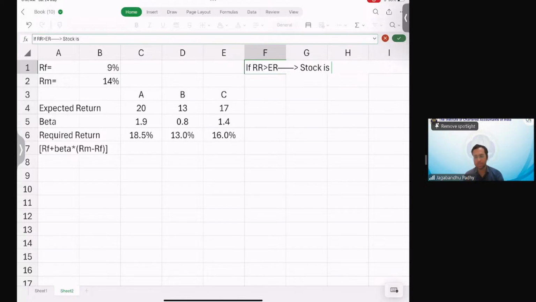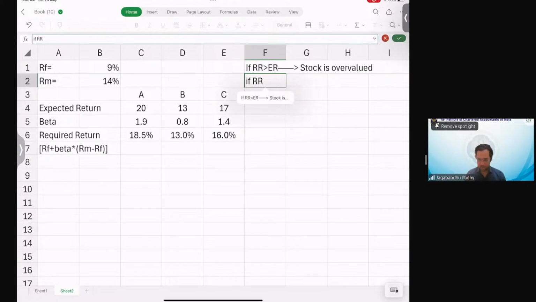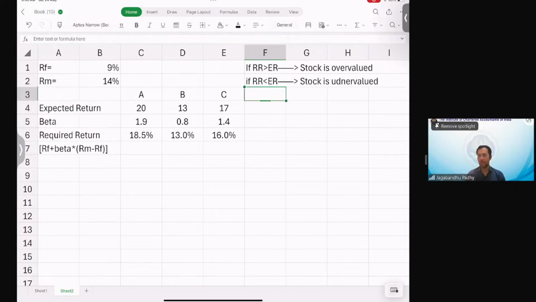You require a higher rate of return, but the stock is going to give you lesser return. The stock is overvalued because it is not going to give you the return as per your requirement. On the other hand, if your required return is less than the expected return, then the stock is undervalued.